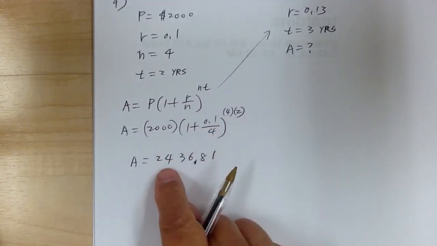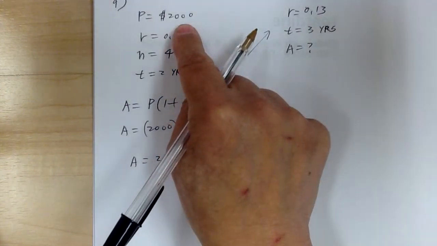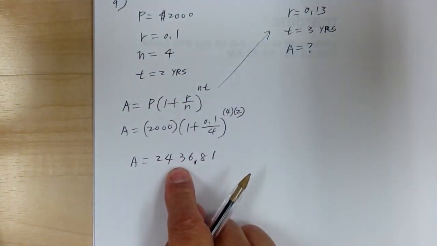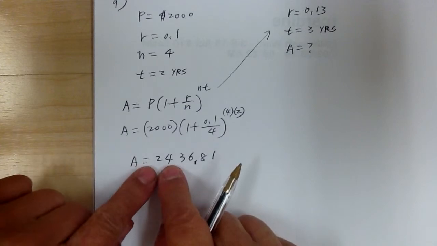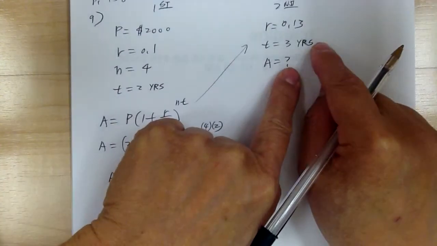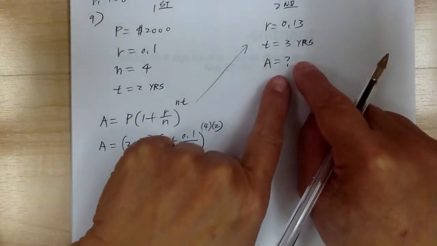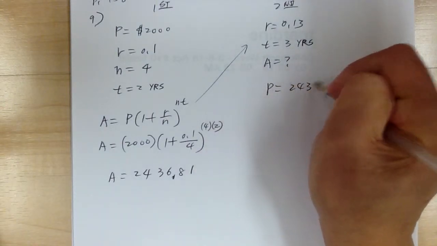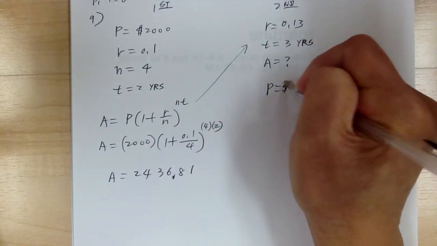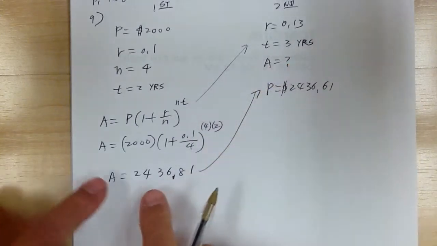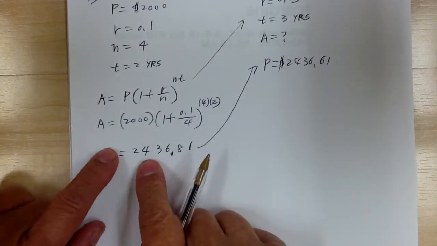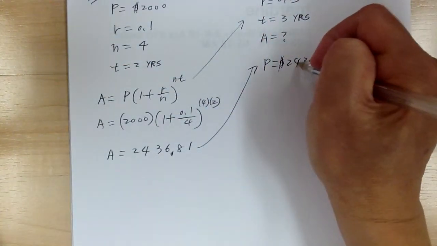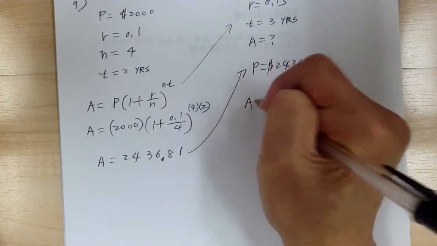So this is the final amount from the first investment. So start at 2,000, put in here for 2 years, you end up with this amount. And then from here, you're going to bring this amount to the second bank. So this A becomes the P over here. So the end amount from the first investment becomes the starting investment for the second account.